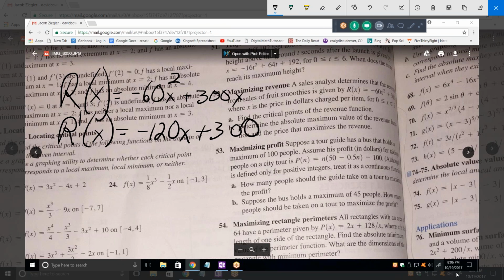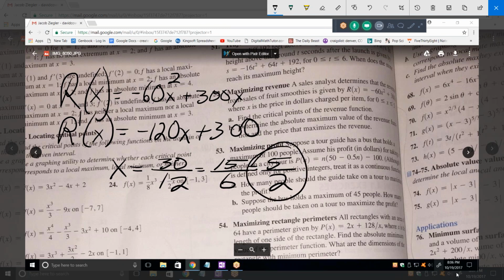So we get x is going to be equal to 300 divided by 120, which is 5 halves. So when the price of a smoothie is $2.50, we generate the maximum amount of revenue.